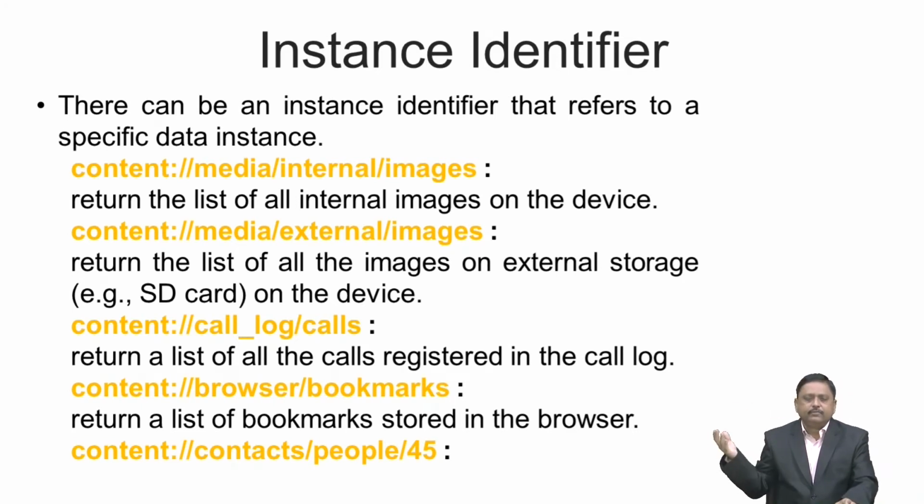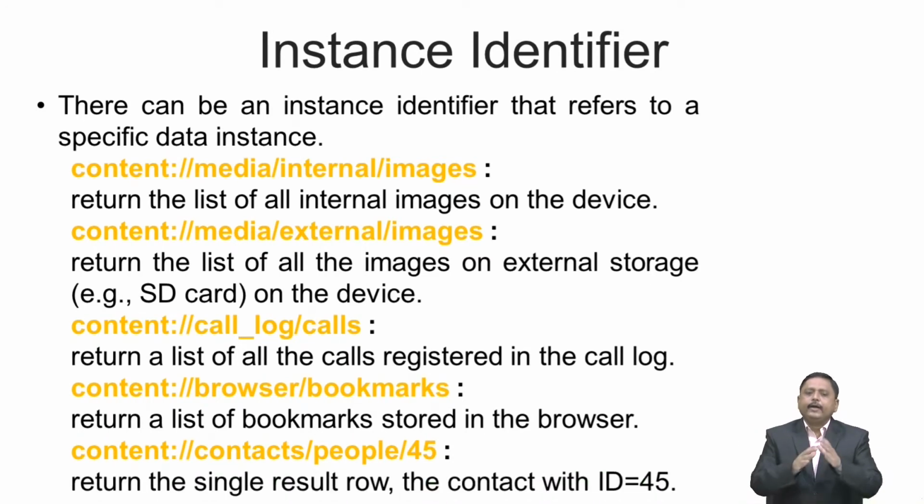The last 45 refers to the ID. So, it returns a single result row, the contact with ID equal to 45. So, this is how you can either use a constant to refer to a particular content provider, or you can write down these instance identifiers or content URIs.